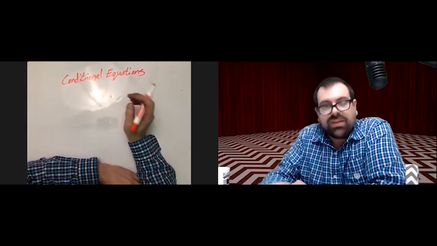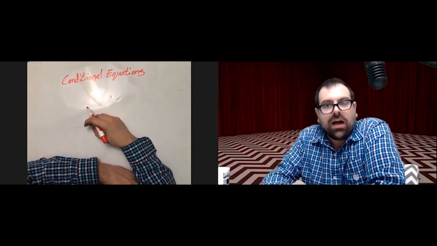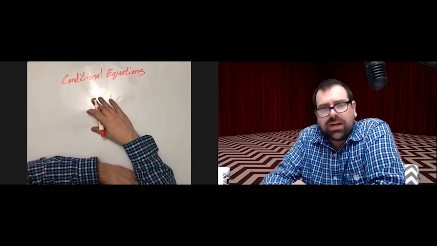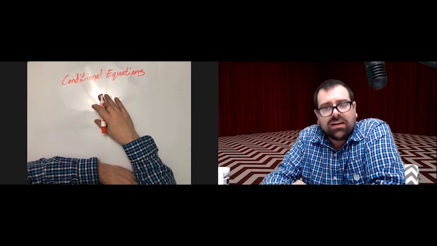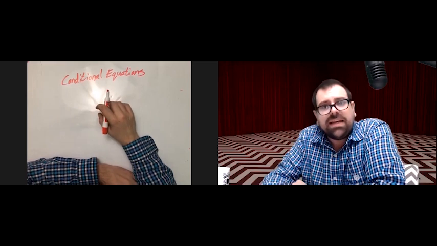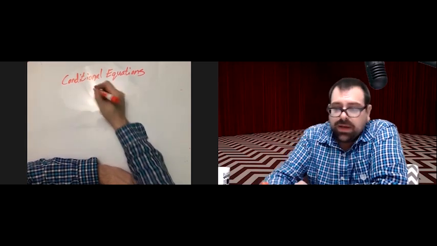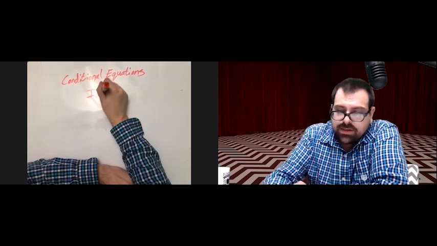It's only true if this answer, or maybe there's one that has a couple answers. We don't do any of those in this class. But there's a small finite number of answers to the equation, and those have to be what the variables are, or it's not true. Now we have identities.